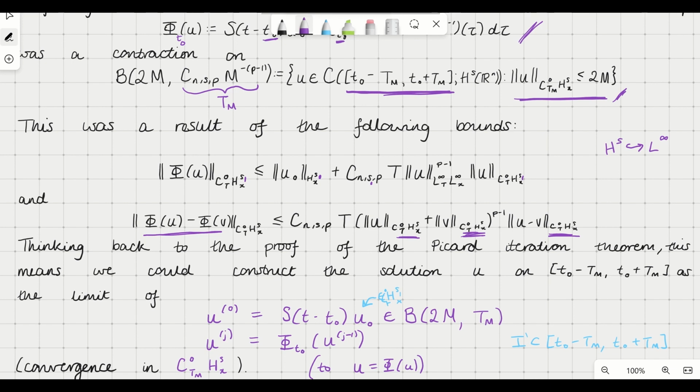But then this time, for us to show that phi was a contraction map as before, we still need this thing to be less than or equal to half. That's what we needed to do. Last time we had to choose t sufficiently small, depending on this norm, to make this prefactor less than or equal to half. And because this norm is controlled by the HS norm, we could just do this by taking t sufficiently small, depending on the size of the solution in HS.